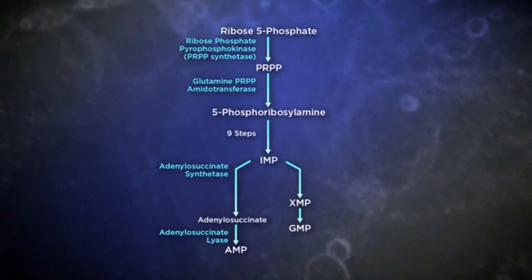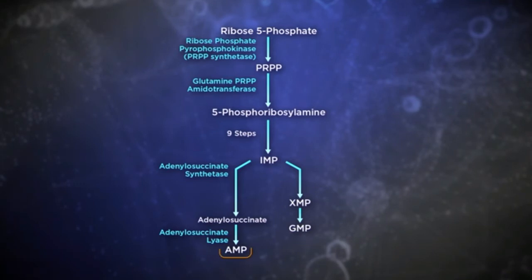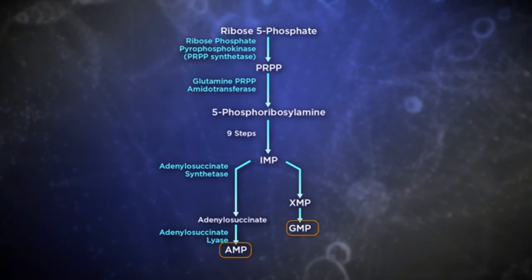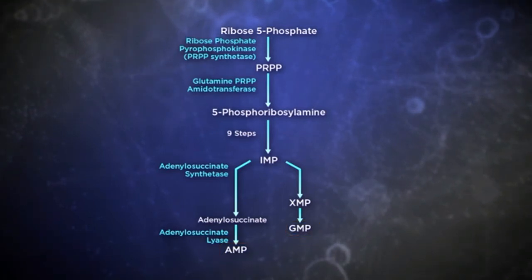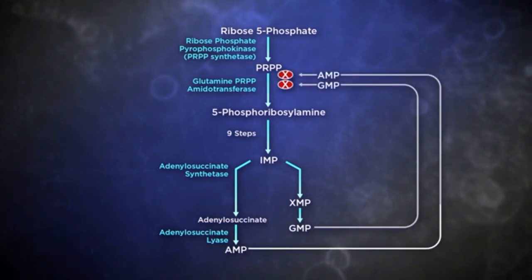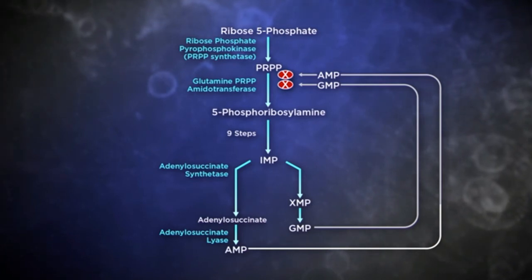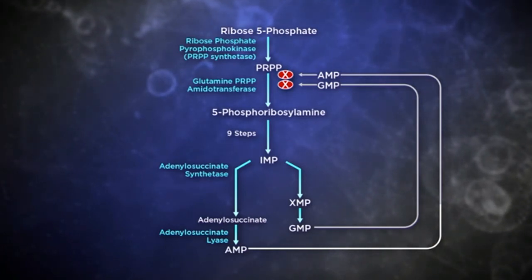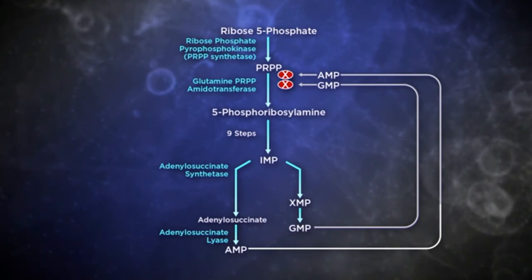And major products near the end of the pathway are AMP and GMP. So you'd expect that when levels of these products are high, they might bind to the first enzyme in the pathway and shut it down. And they do. But the regulation is more nuanced than simply turning off the activity of the enzyme completely when either one of these molecules binds to it.